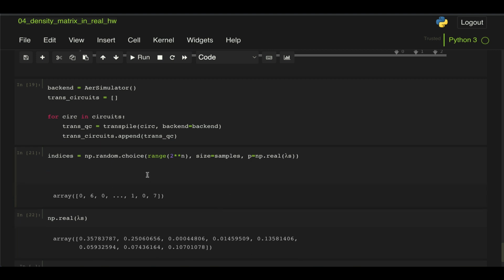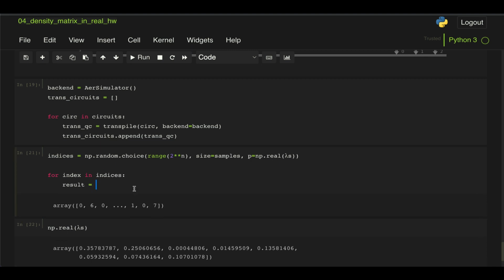And now for the simulation, I'm just going to iterate over each of these indices and run a simulation using this run method for the transpiled circuit associated with that given index. But I'm only going to do it for one shot, because this indices list is the size of the total number of samples that we want to run our complete system through.